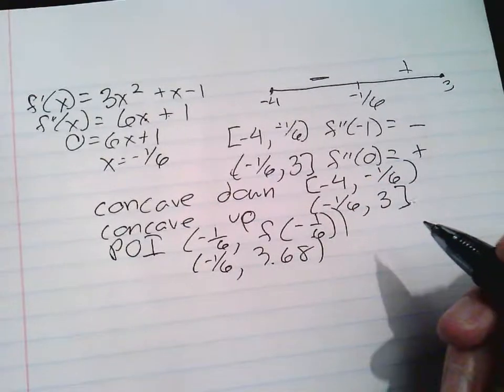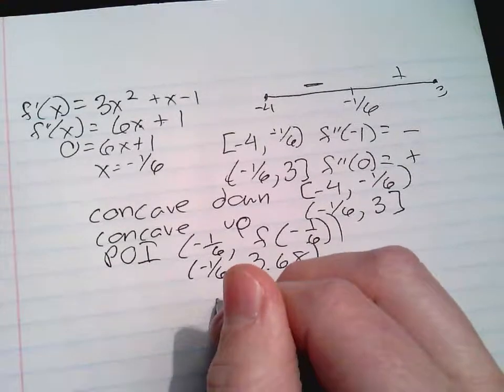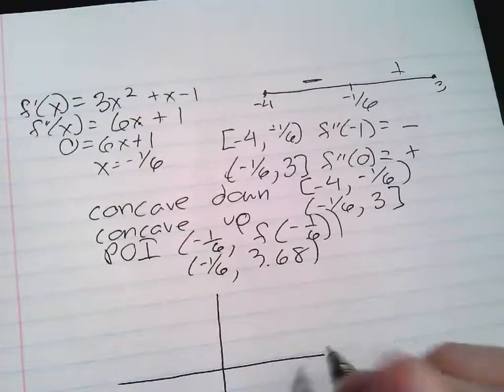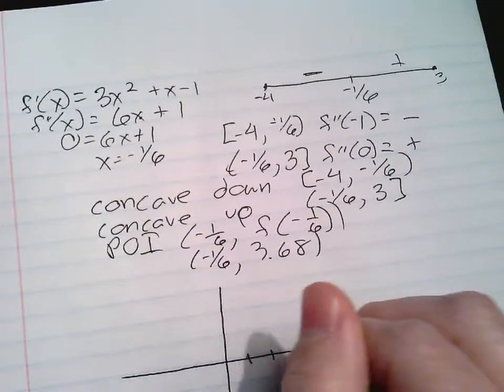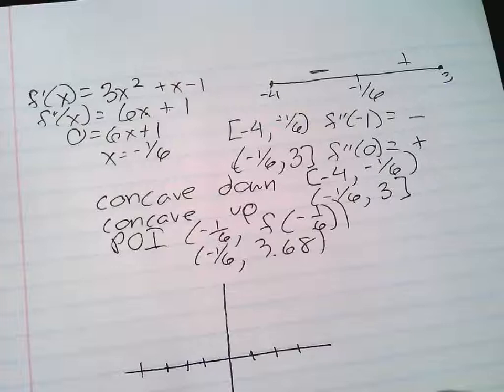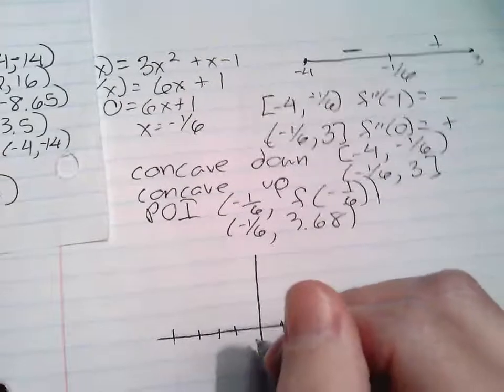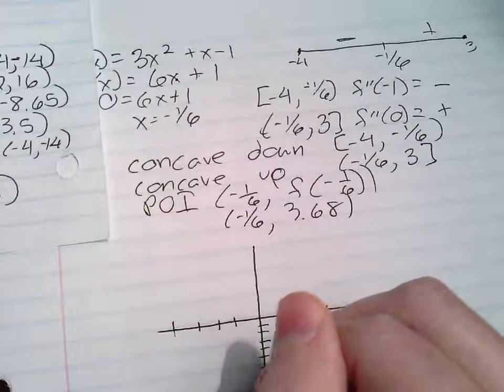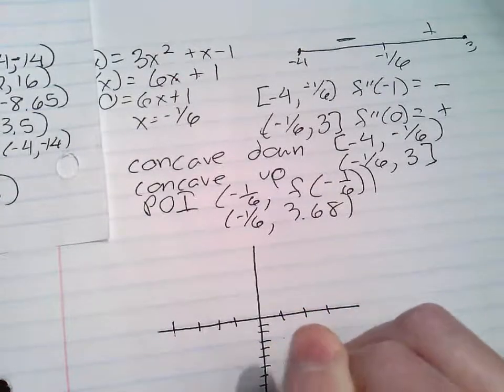Okay. So if I were to draw this graph, you don't have to draw, I just want you to see it. Look at our points. Negative 4 was negative 14.